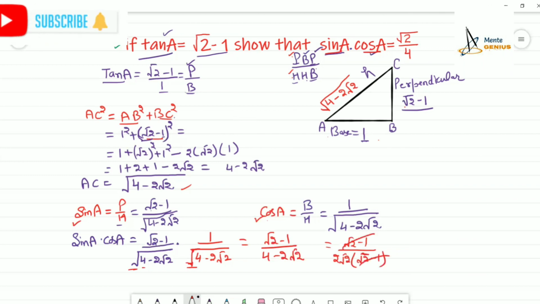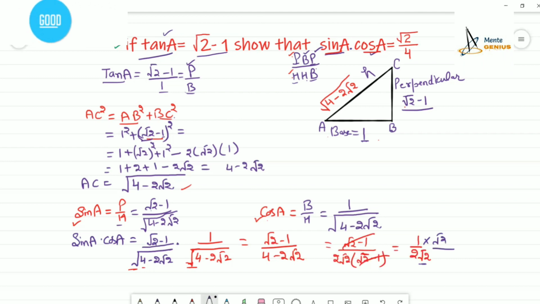Now we can cancel it. 1 over 2 root 2. We can multiply the numerator and denominator by root 2 to remove this root 2 from the denominator. Now what we will get? Root 2 by 2 root 2 into root 2 will be equal to 4, which we have to prove.